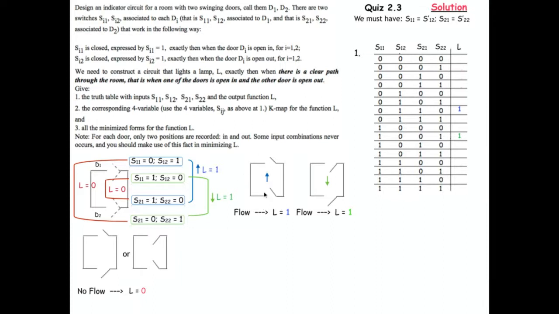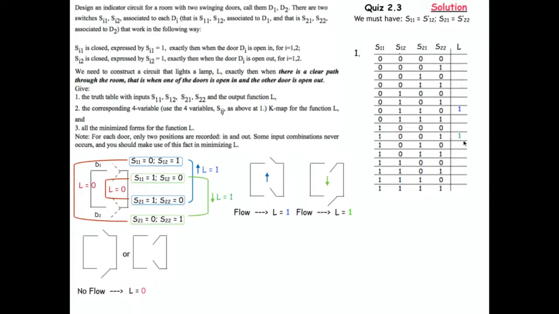For example, here S11 is 0, S12 is 1, so 0, 1. S21 is 1, S22 is 0. So 0, 1, 1, 0, the lamp is on. And there is only one other possibility for the lamp being on. It's this one, 1, 0, 0, 1.